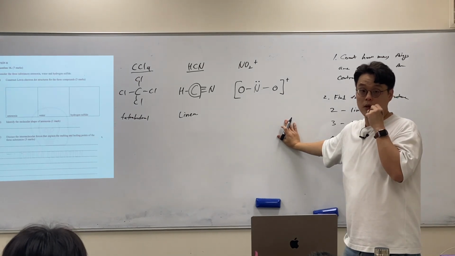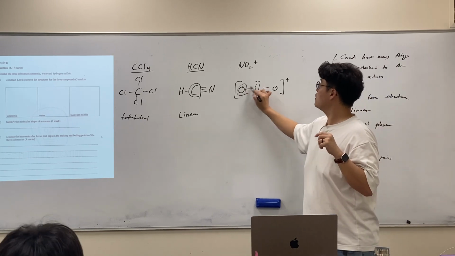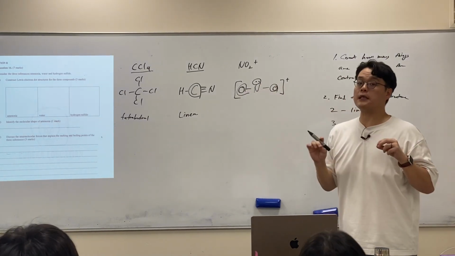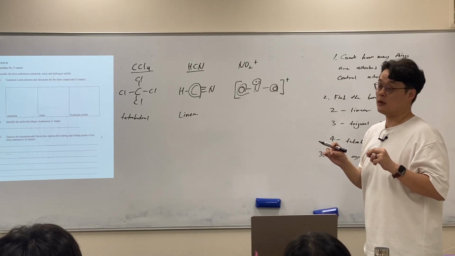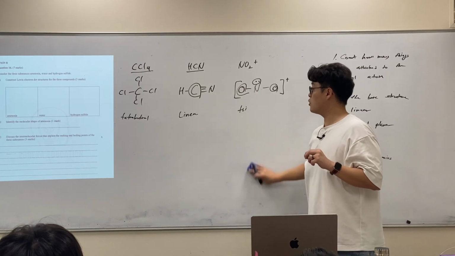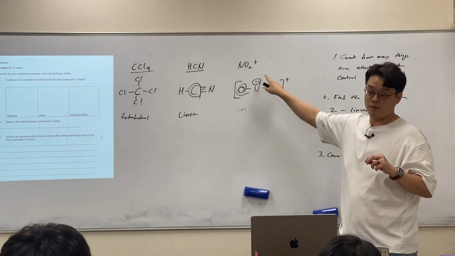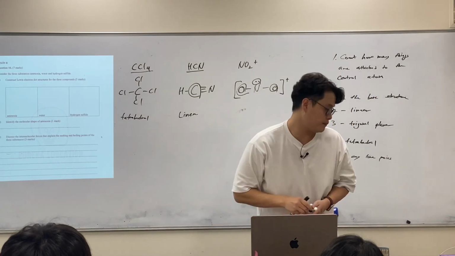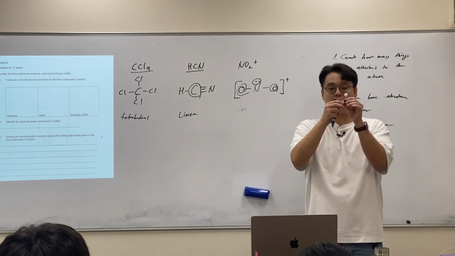Okay, how many things attached to this? There's 1, 2, and 3. Now, what's the base of 3 things? It's trigonal planar. Now we have 1 lone pair. So for 3 things, on the base we have something like this. This is the trigonal planar.